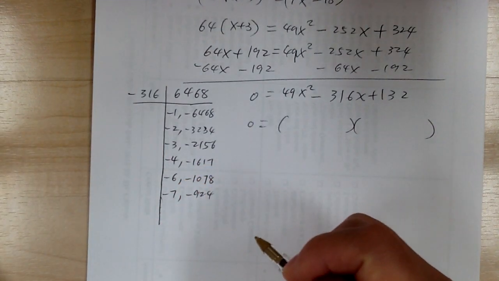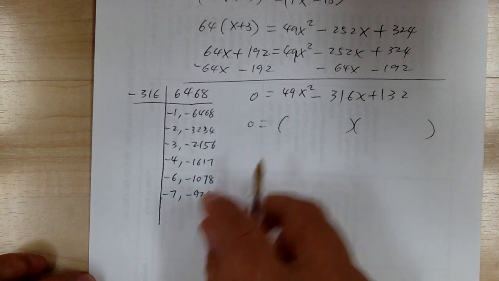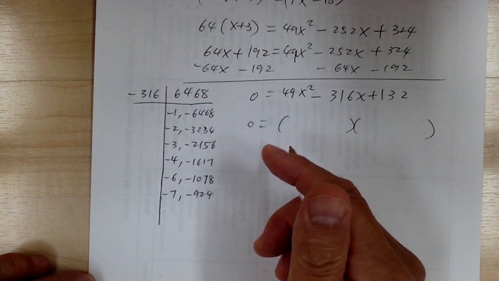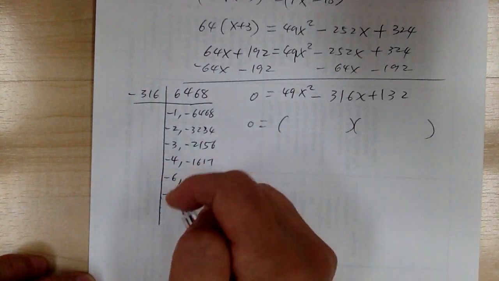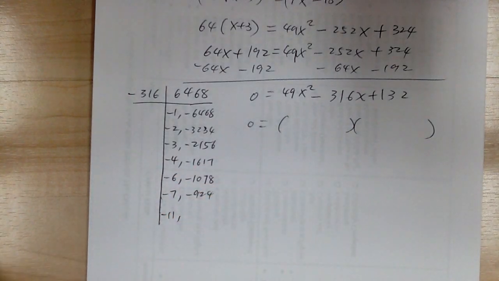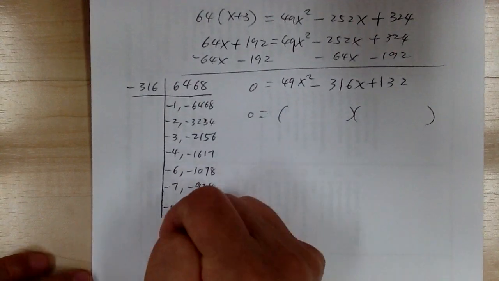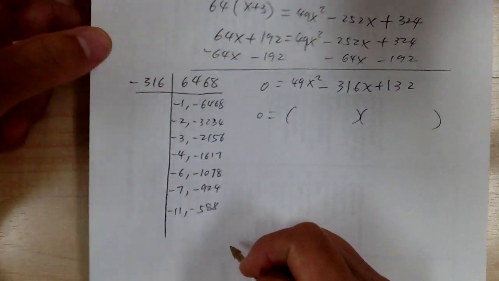Okay, 9, -9, does 9 work? No, it cannot be divisible by 9, right? 10, 11, okay, 11 is going to work. 6468, so -588. Okay, 12.